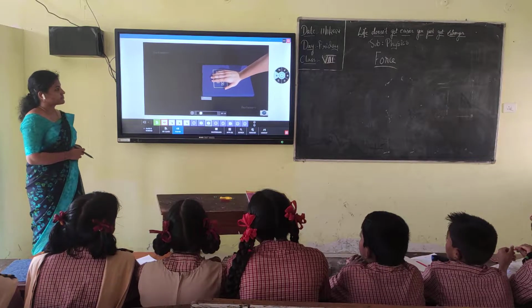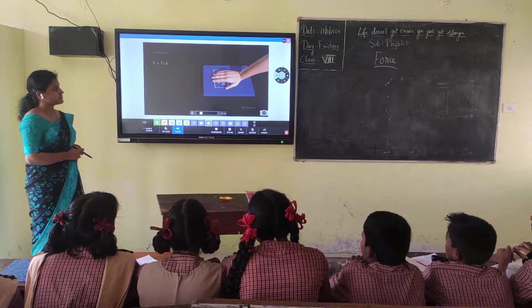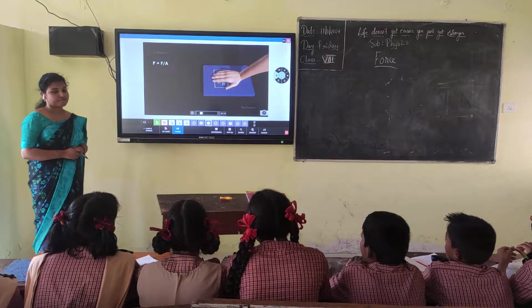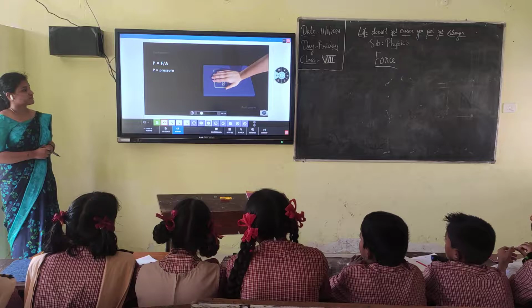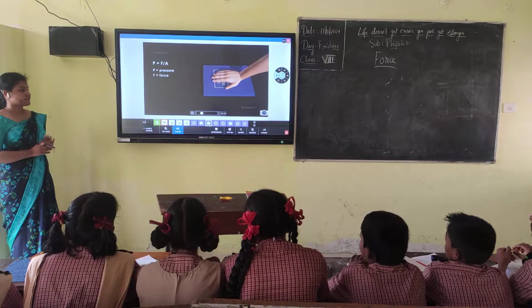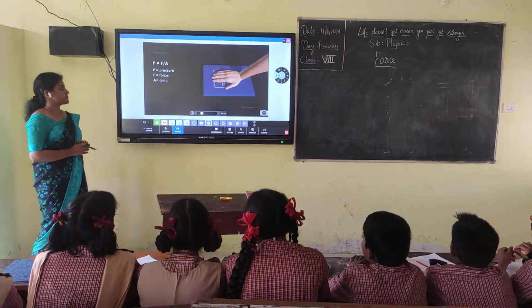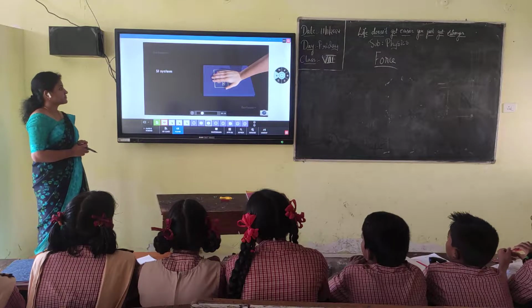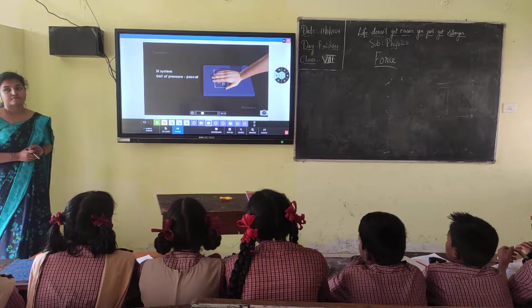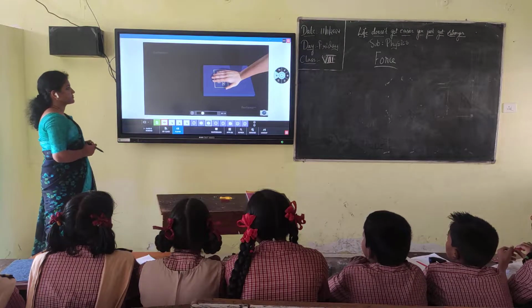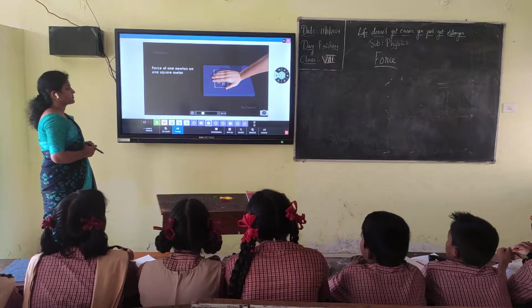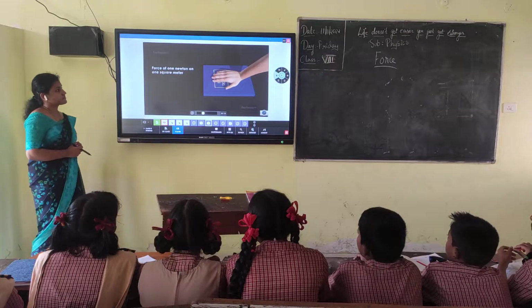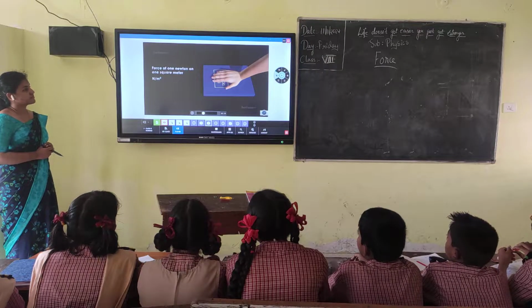It can be calculated using the equation P is equal to F by A, where P is the pressure, F is the force, and A is the area on which the force is acting. In the SI system, the unit of pressure is the Pascal, Pa, which is pressure applied by a force of 1 Newton on 1 square meter, N/m².